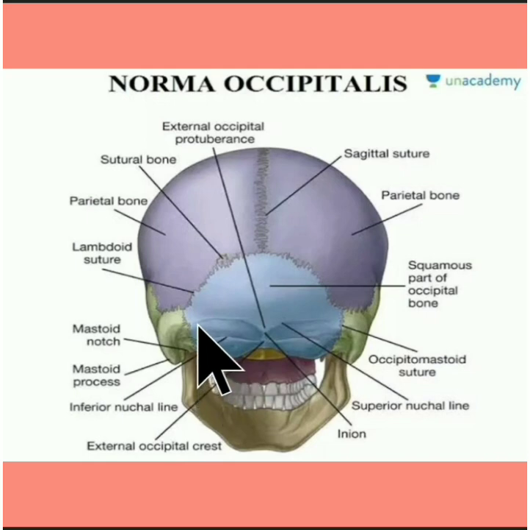So we can say this suture here is the occipitomastoid suture, which means the squamous part of the occipital bone and the mastoid part of the temporal bone form a suture which is called the occipitomastoid suture, and this part is called the parietomastoid suture. The parietal bone and the mastoid part of the temporal bone form a suture which is called the parietomastoid suture.